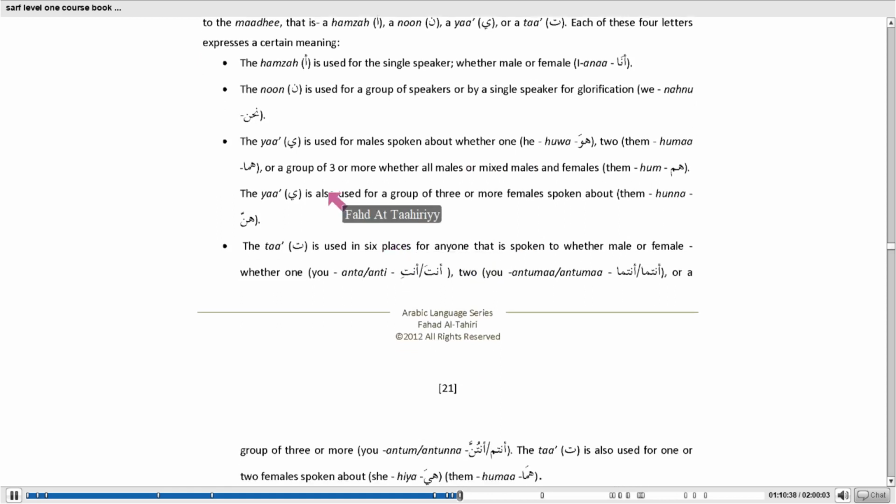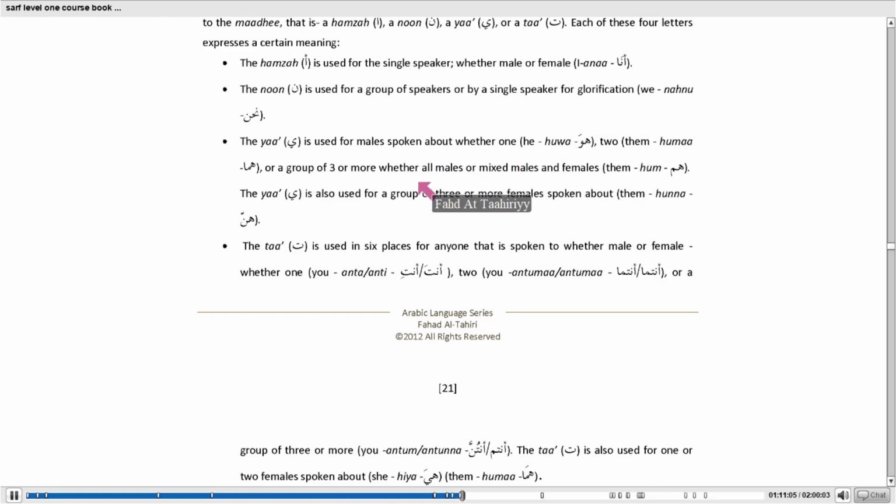Now the ya. Another letter of the letters of the mudari' which have to be found in its beginning is the ya. Now the ya is used for males spoken about, or 2, or a group of 3 or more.